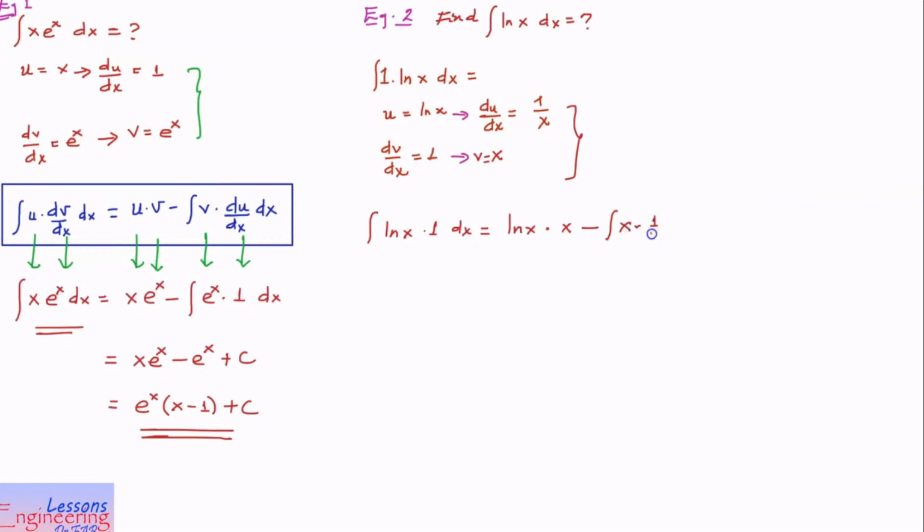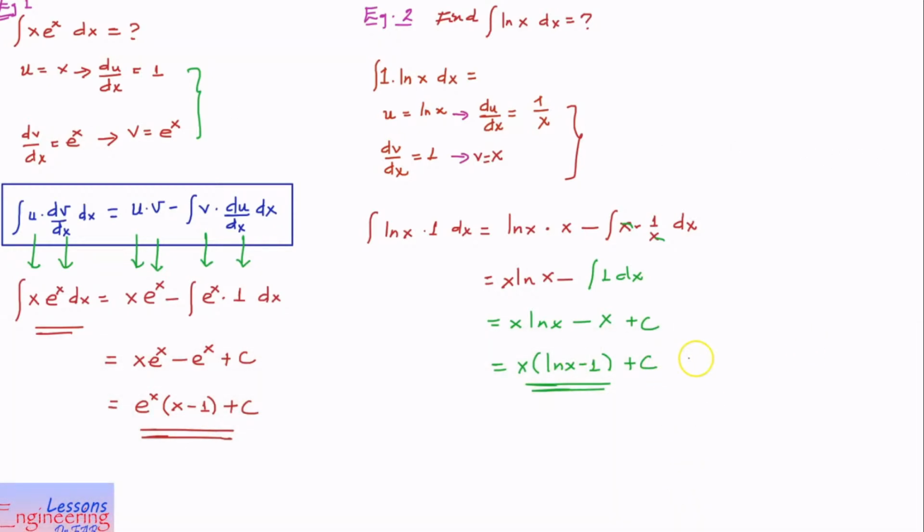So the integral of x times 1 over x dx. That will divide, and we'll have the integral of 1 dx. So this will be x ln x minus x plus constant. If you take x as a common factor, this will be x times (ln x minus 1) plus constant.